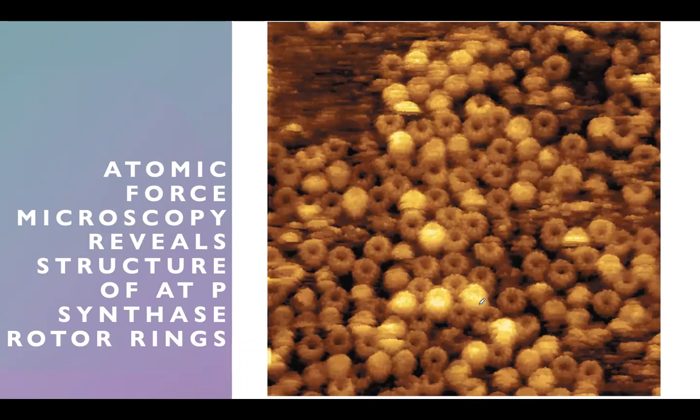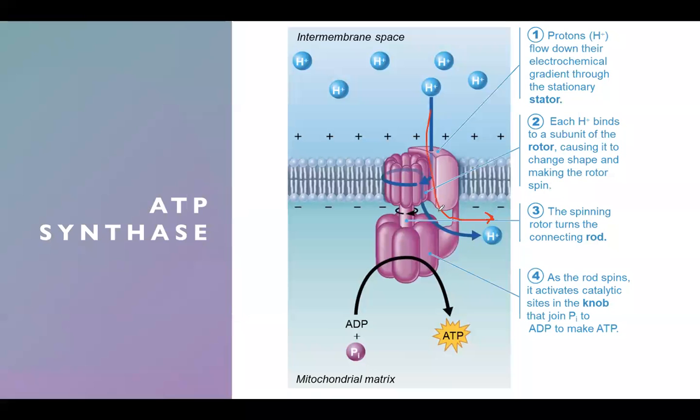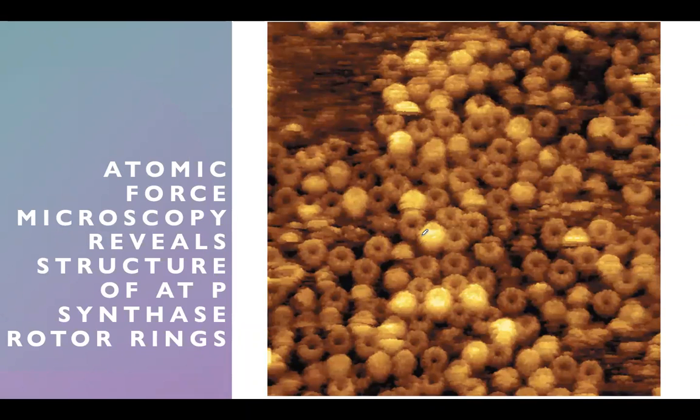This is an atomic force microscopy image that's actually revealing the structure of those ATP synthase rotor rings. So if you go back to this picture, you can see that it looks like a rotor from a machine. And if we zoom in on the inner mitochondrial membrane, this is what ATP synthase looks like. And you can see an individual rotor molecule there.